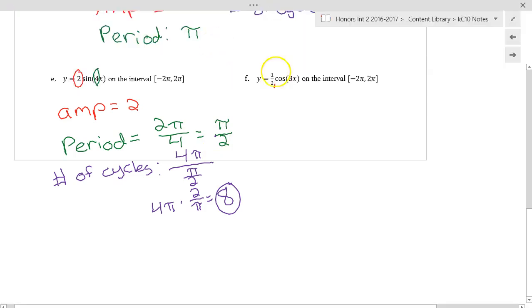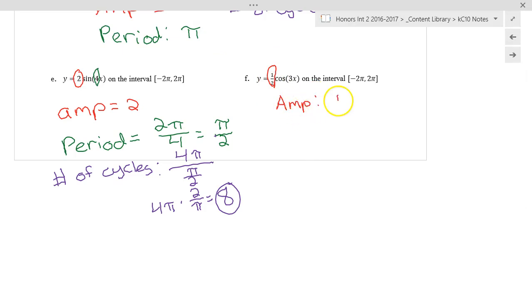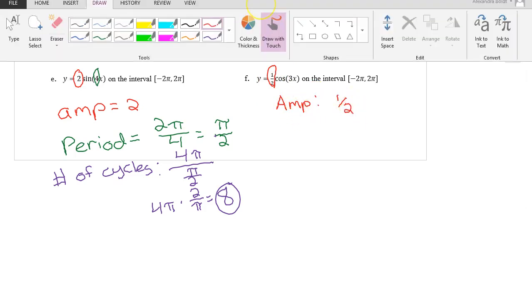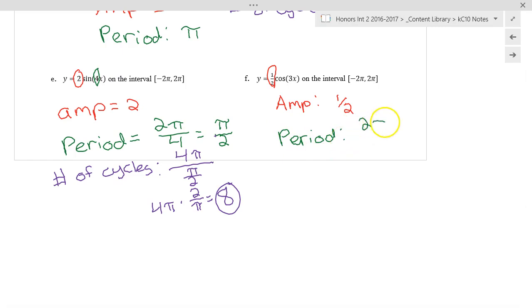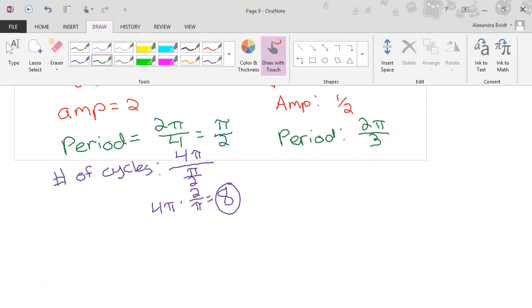Last example, our amplitude is 1/2. Our period is 2 pi over 3. Sorry, 2 pi divided by this number, right, 3. That does not reduce, so we're just going to keep it as 2 pi over 3.